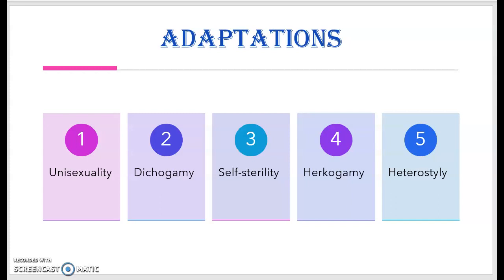The plant is compulsorily unisexual so that it naturally supports cross-pollination. Now I guess you are all saying the examples palm and papaya, right? Almost all of you would have said that. So unisexuality is a kind of adaptation which completely supports cross-pollination.